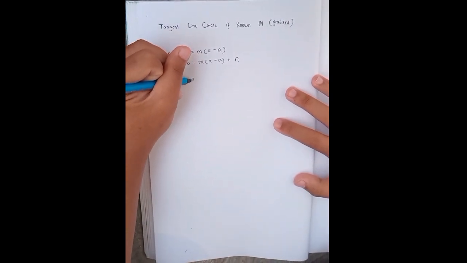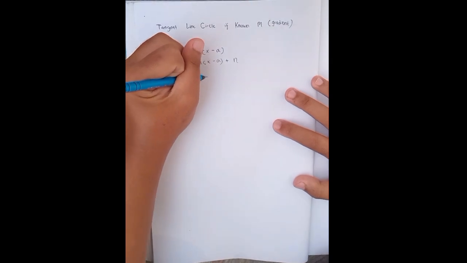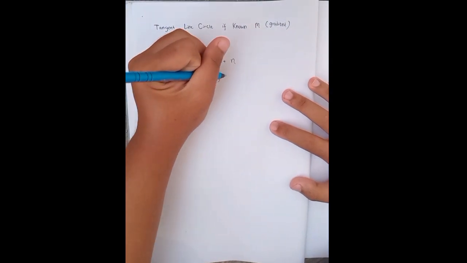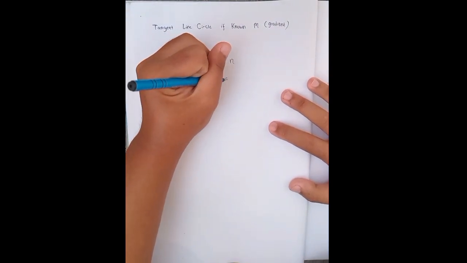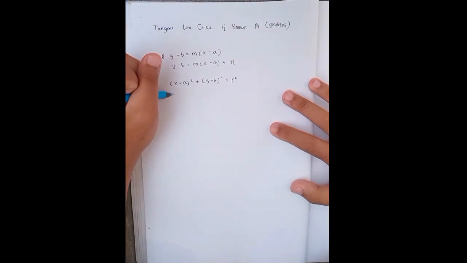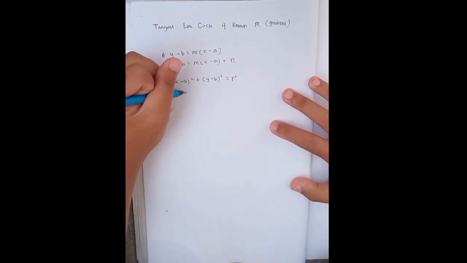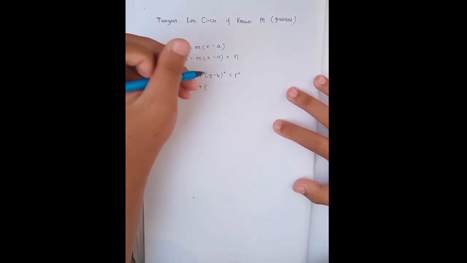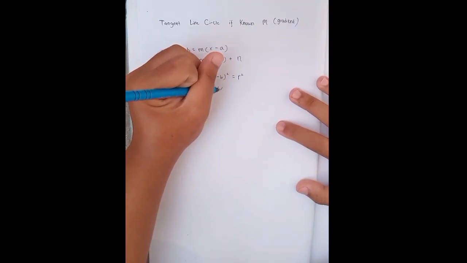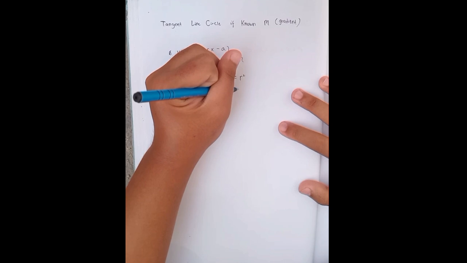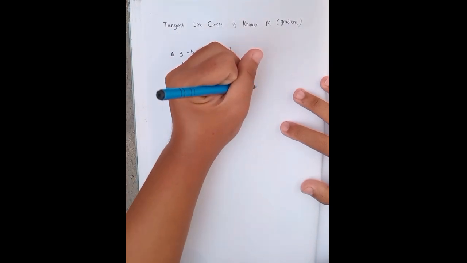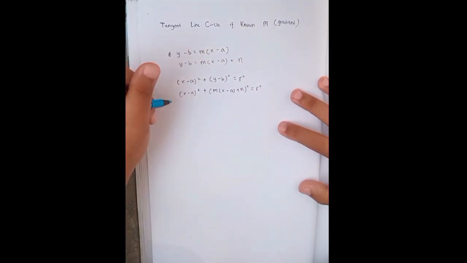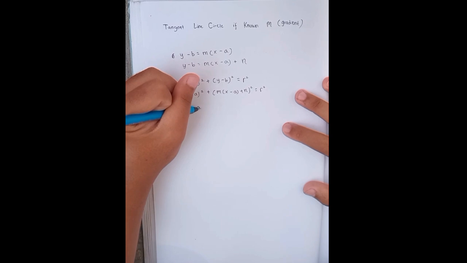Previously, we have got the equation of the circle with center P a, b. Substitute the equation of the tangent line into the equation of the circle, so that x minus a squared plus m times x minus a plus n in brackets squared equals r squared.